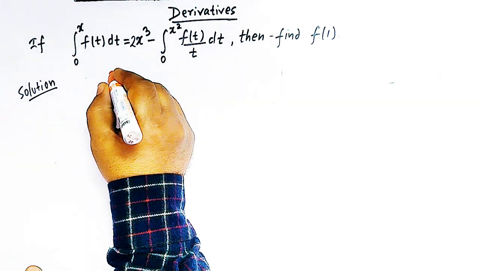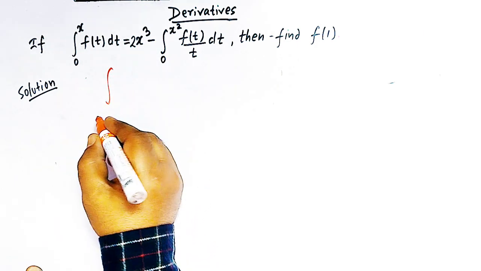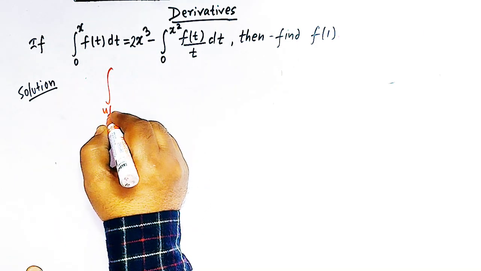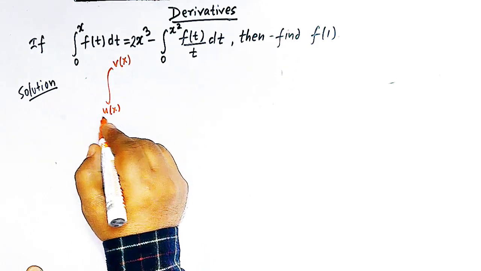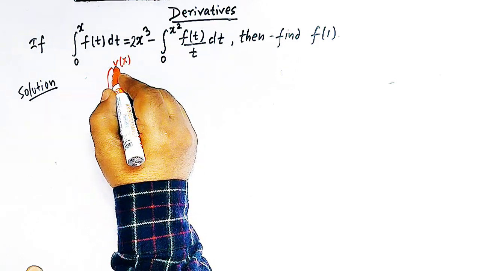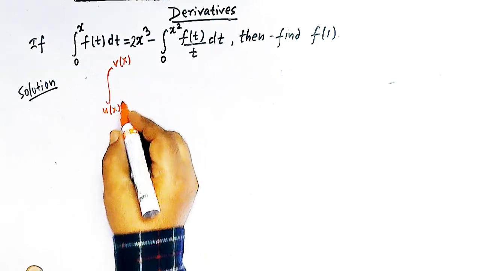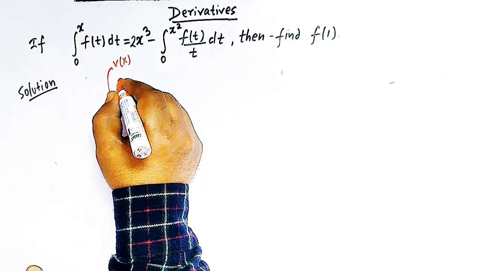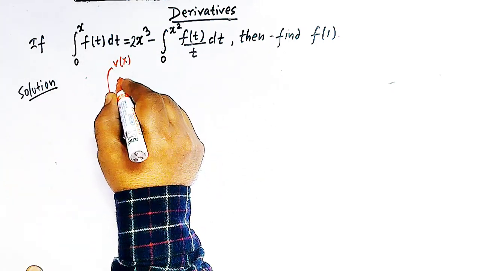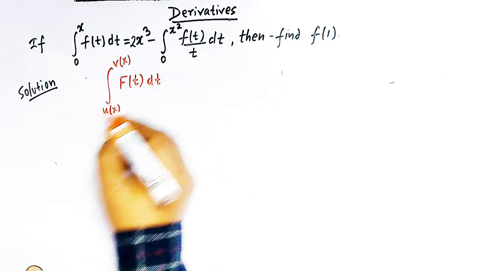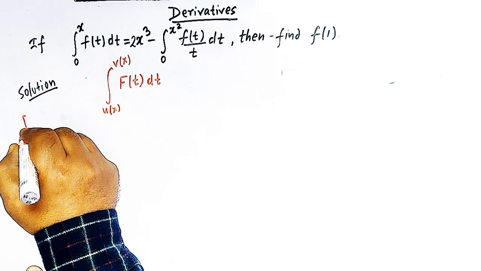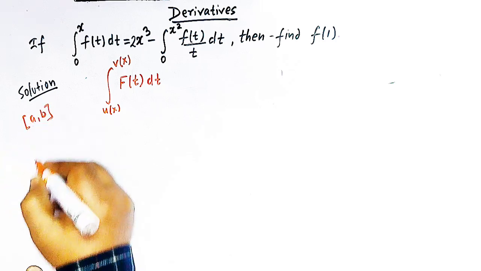Now consider this integral where the limits of integration are some functions of x. Here the lower limit is u(x) and the upper limit is v(x), and consider a function, say f(t), which is a continuous function in some interval, say [a, b].